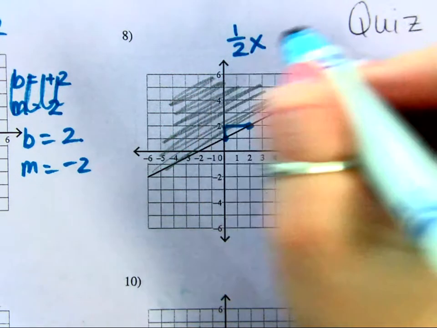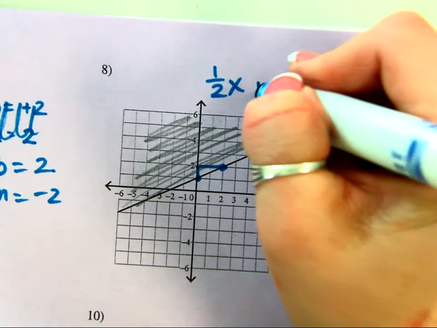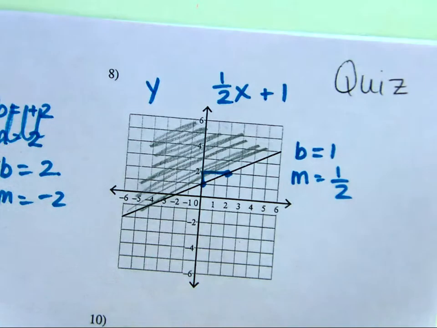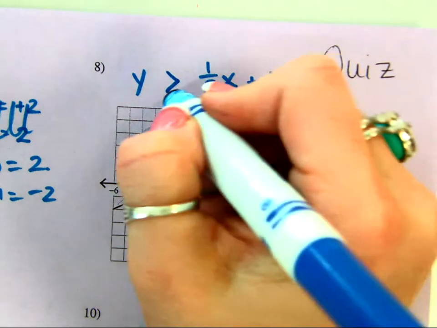If you do it more than once, I start taking points off, but don't forget that x. Your y-intercept is 1. There's your y. Now we figure out which symbol. It's above, so it's greater than. And can the solution be on the line? Yes.